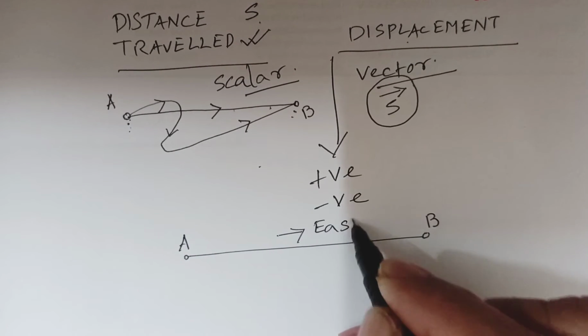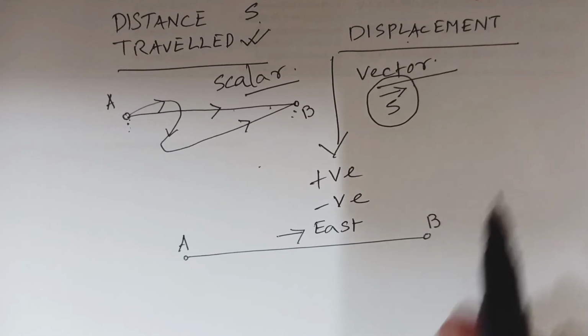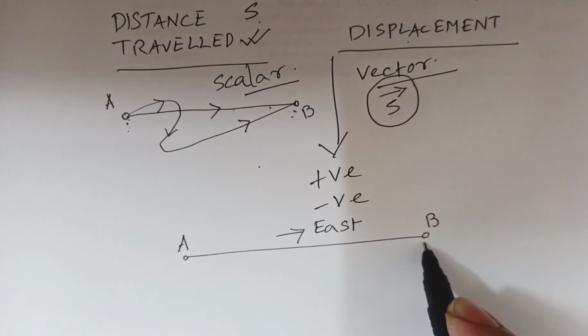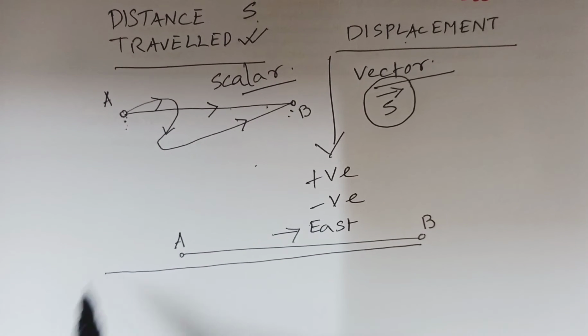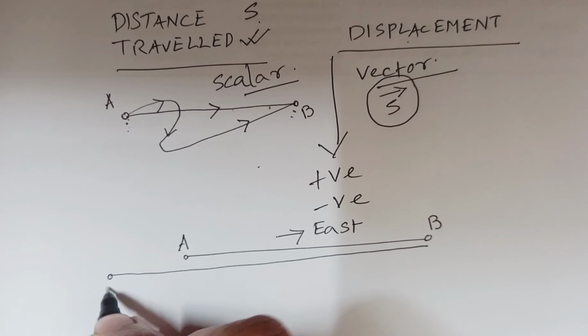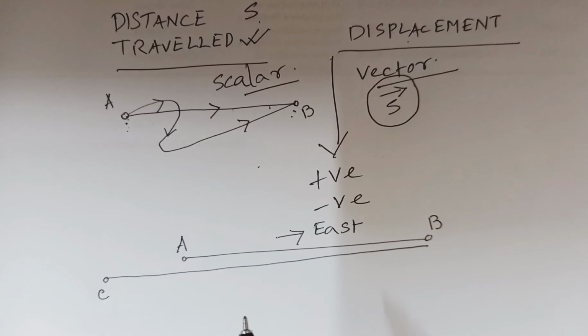And if we consider this direction as positive, then after some time, the body moves from B to C. It crosses A and it moves from B to C. Now, if this direction is positive, what will be the displacement and what is the total distance traveled?